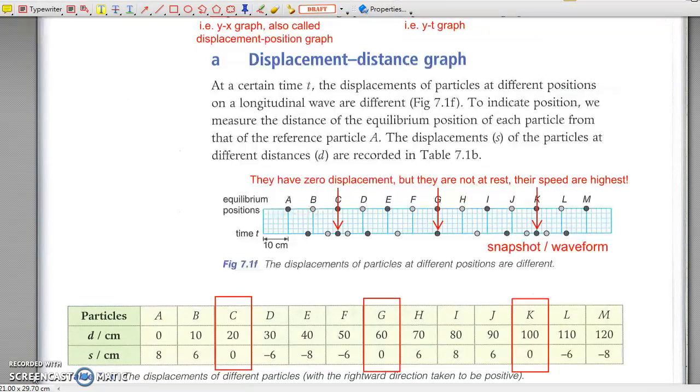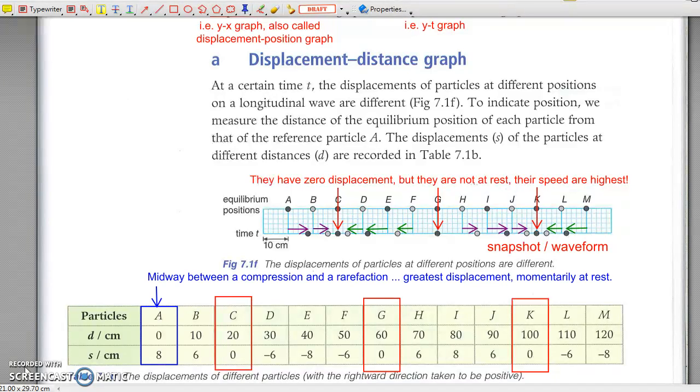When we take the right direction as positive, we can easily measure the displacements of different particles to draw the following graph. Now you may identify the particles A, E, I, and M are all at their extreme positions.